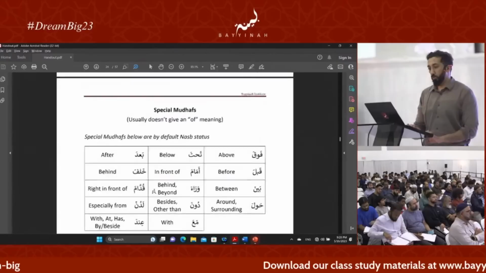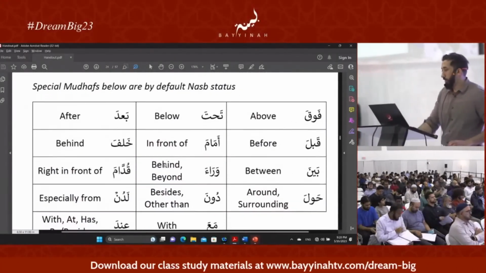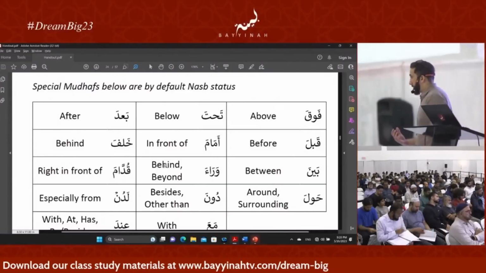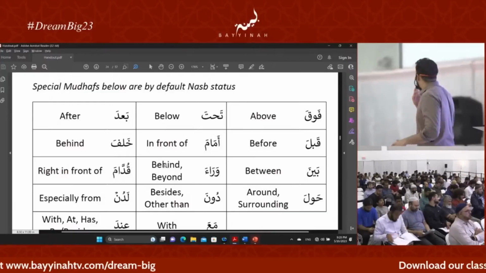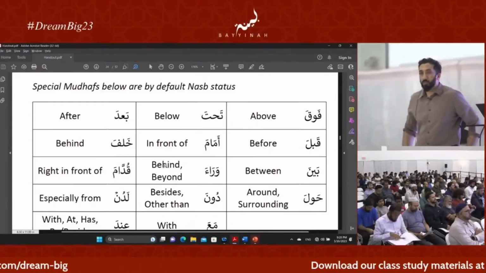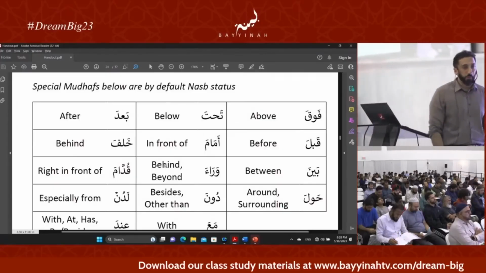These words are, you can almost say, considered ism because the Arabs said so. I would have called them harf, but they're not. They're ism.